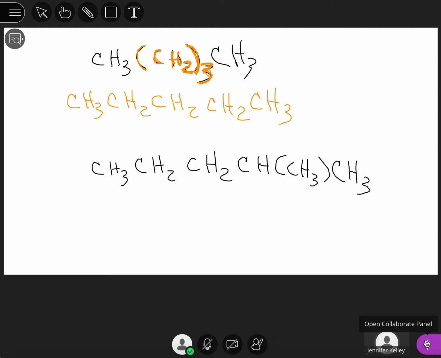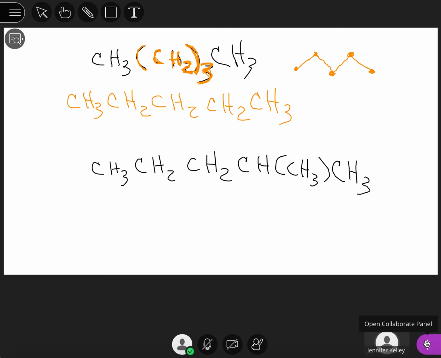So that's what that would turn into. If you wanted to draw the skeletal structure that's just the sticks, let's see, 1, 2, 3, 4, 5 carbons. So starting here, that's 1, 2, 3, 4, 5.